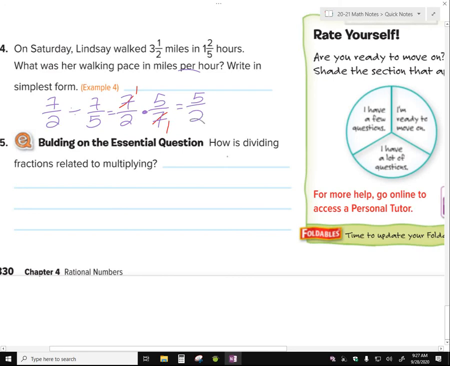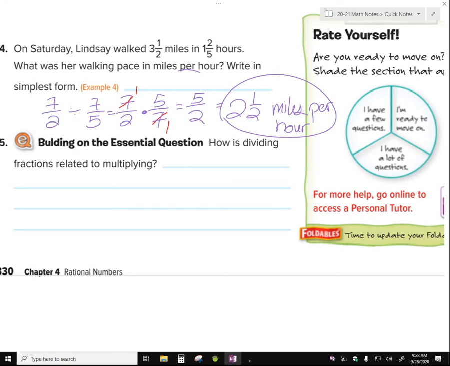Which comes out to be 5/2, which is 2.5 miles per hour. And I'm writing it out as miles per hour rather than m/h because they asked it as miles per hour, so I'm answering it as miles per hour.